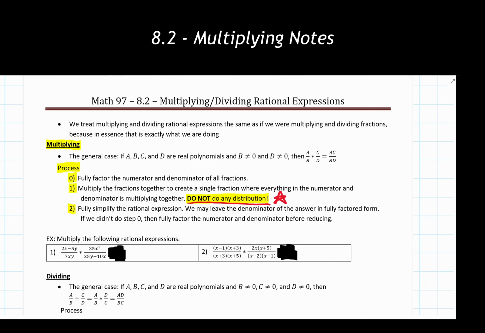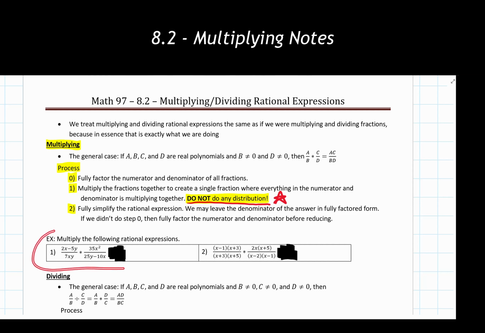You do not need to multiply everything together. That same thing goes for the numerator as well, though we tend to see the numerator cancel out a lot more often than the denominator does. Either way, a fully factored form answer in the numerator and the denominator spot is perfectly acceptable for this class.